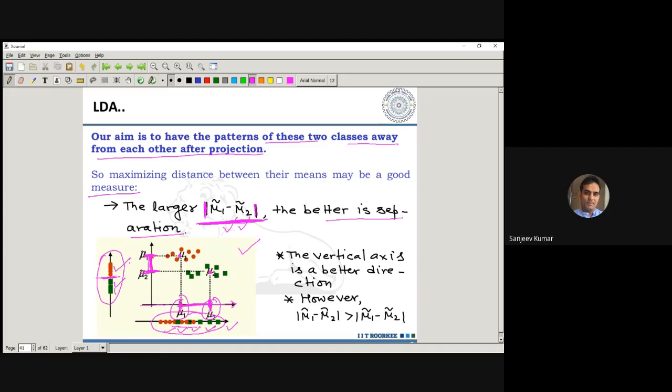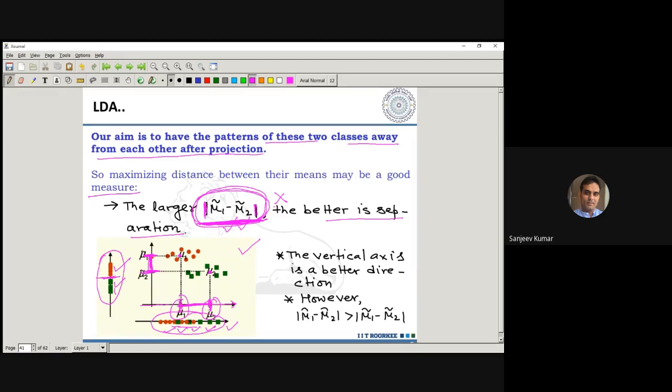So the vertical axis is a better direction for projection, but this particular quantity is larger for the horizontal axis. So it is not a valid criterion, meaning this alone will not serve the purpose.